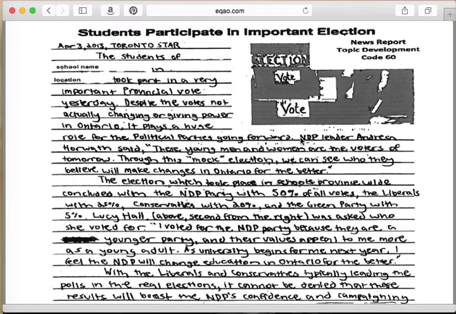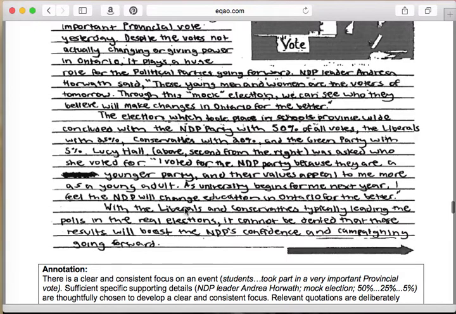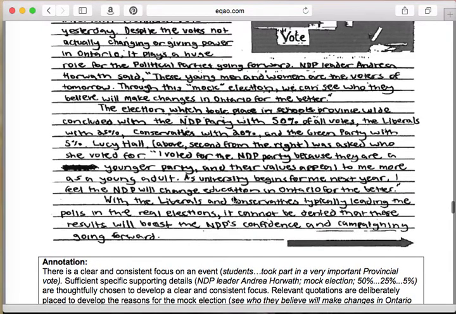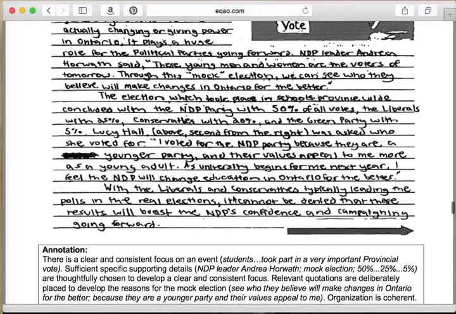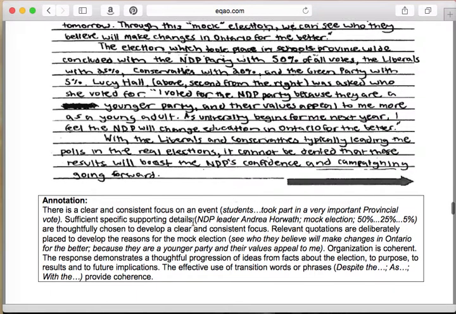So here the student mentions NDP leader Andrea Horwath, and they're also mentioning down here the Ontario Liberal Party and the Ontario Conservative Party. So this student is actually going sort of one step beyond what I showed you in the example, using sufficient specific supporting details by actually using real politicians.